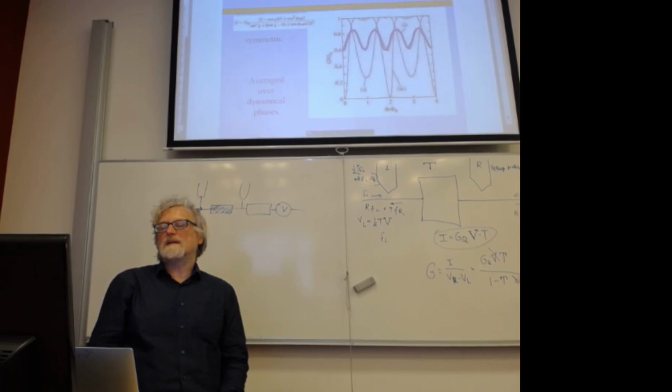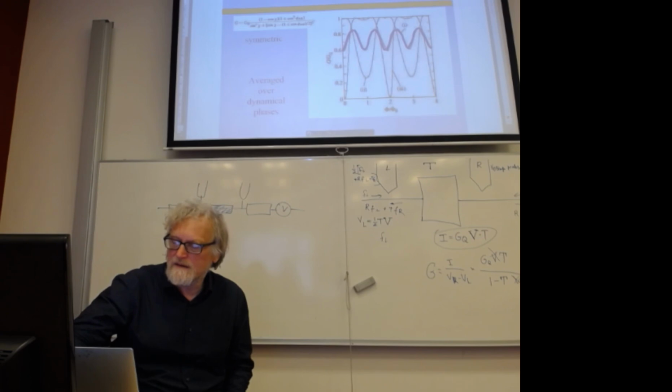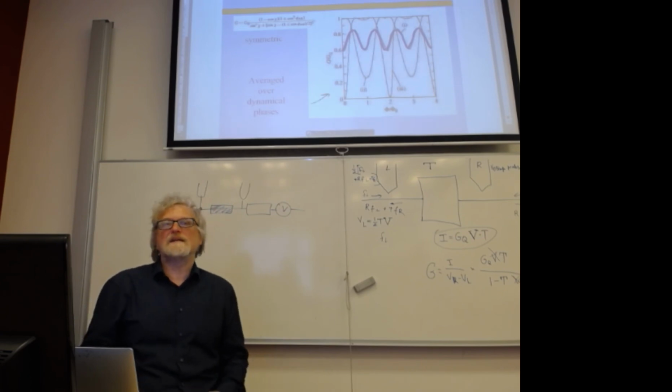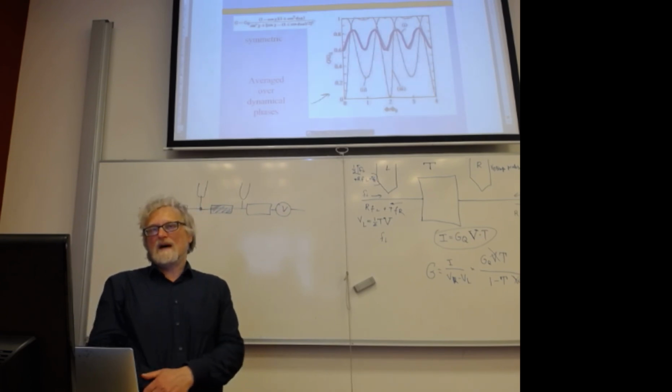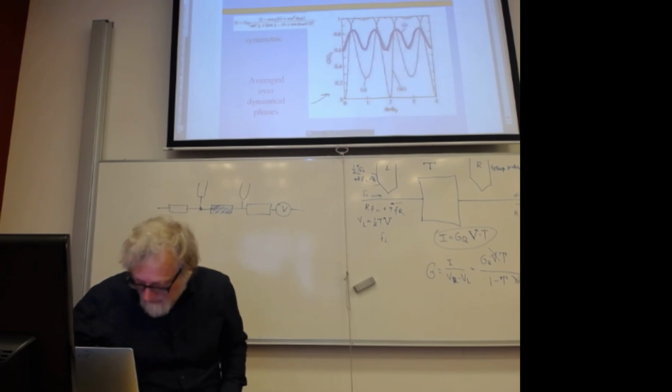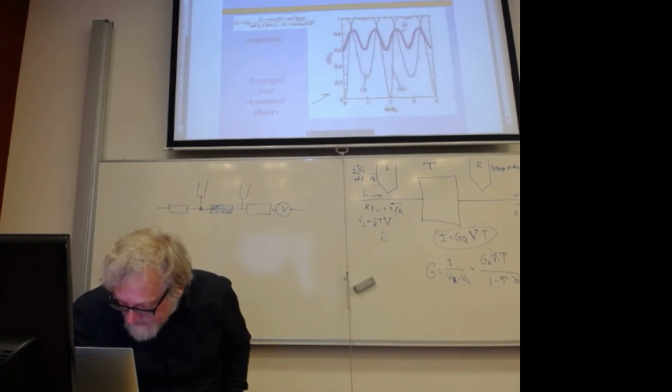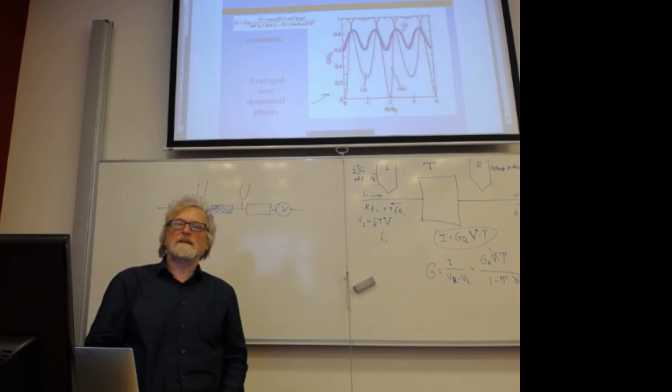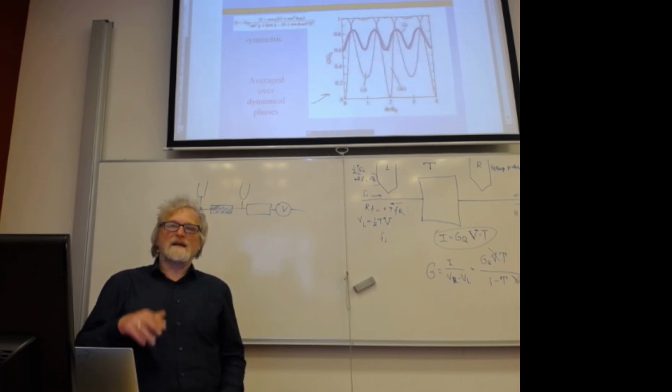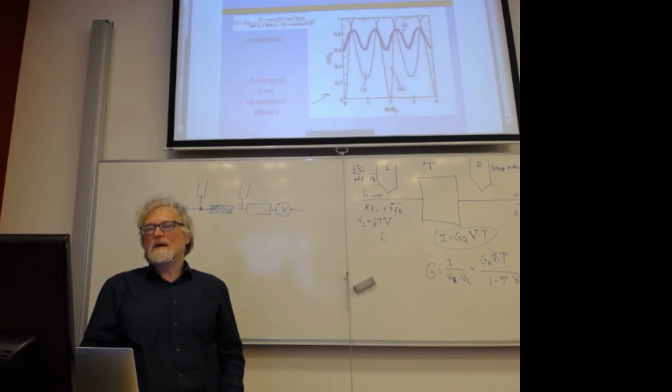And what I did, I plotted here 3 traces versus flux. These traces, I, II and III, are taken at certain settings of dynamical phase. All right, one sees periodicity, and these traces are pretty different.